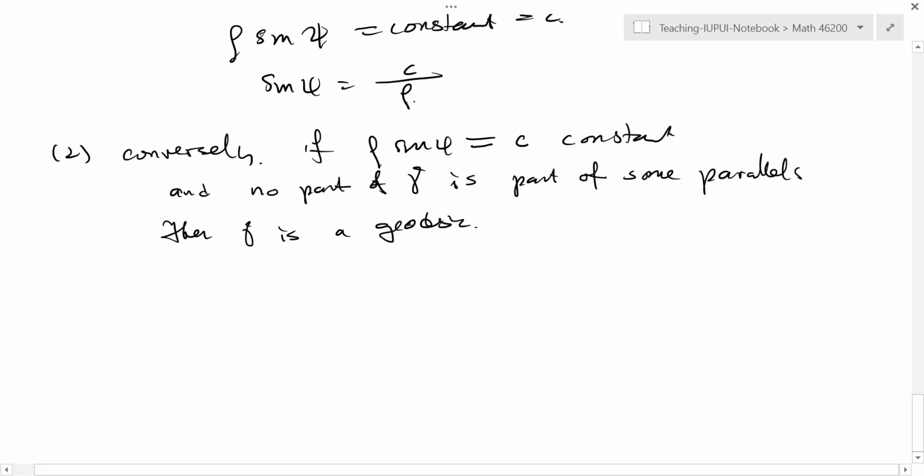So this is a unit speed curve, right? Unit speed means u dot squared plus f(u) squared v dot squared equals 1. That is an assumption.